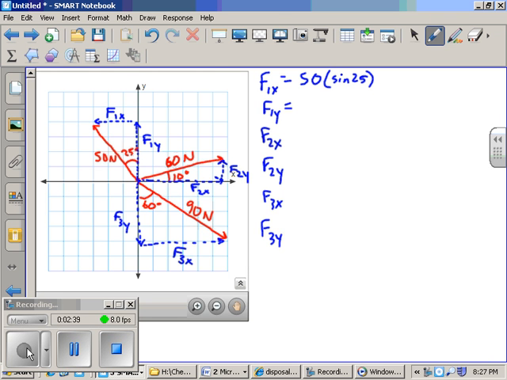And F1y happens to be adjacent to the 25 degrees, so we'd have 50 times the cosine of 25. Go ahead and pause this and calculate all of these forces, compare with each other, and make sure that everybody is understanding how to get the answers for these components.